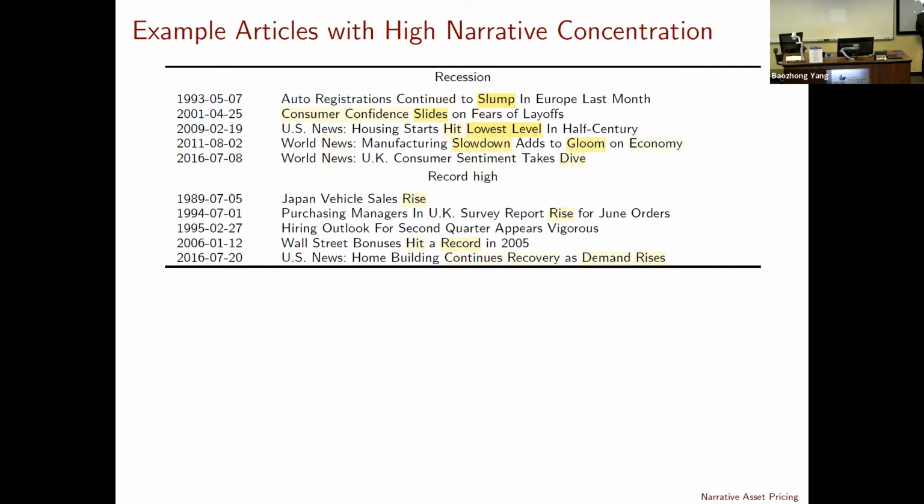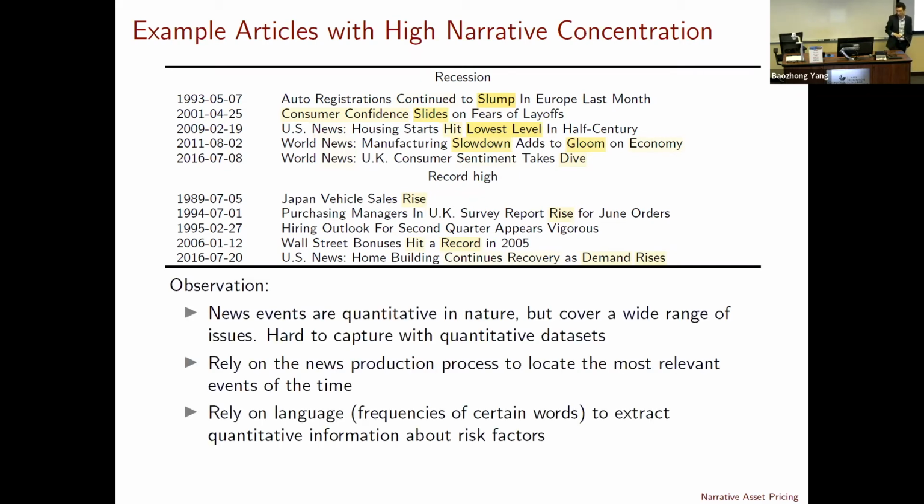The machine recognizes, okay, these are the words that give me a high loading on recession, right? The machine doesn't know about automobile, doesn't know what the UK is, what the United States is, but it can read these words to figure out it's talking about recession, right? So my observation here is that this news approach really uses news events, and these events are organized quantitative in nature.